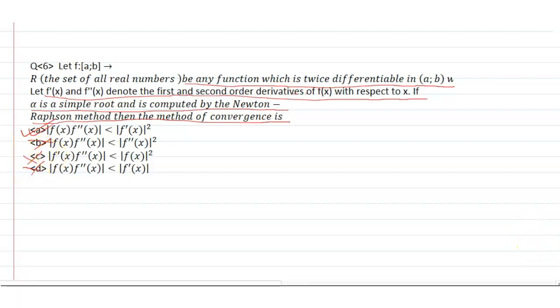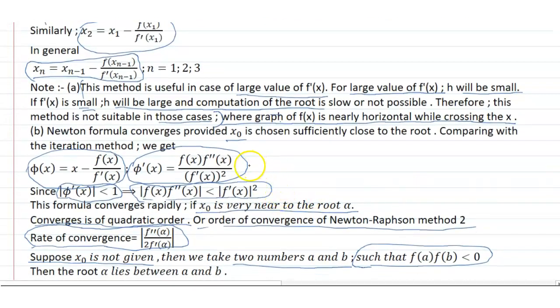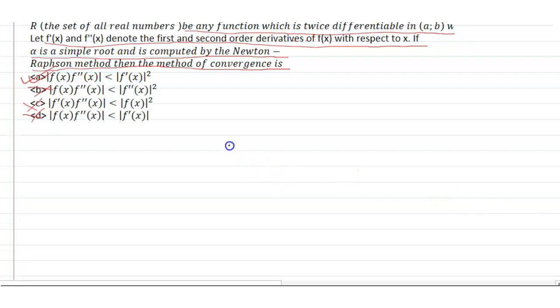Because how, friends? Because I have already told these options, this formula. We know that phi(x) is equal to x minus f(x) divided by f dash (x).